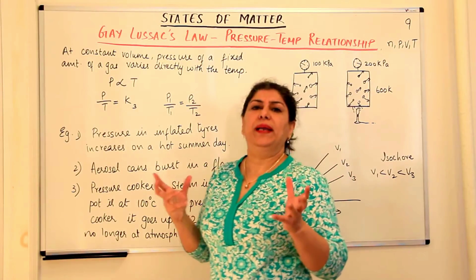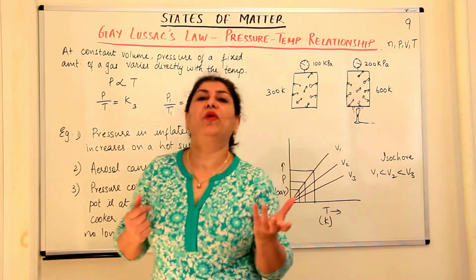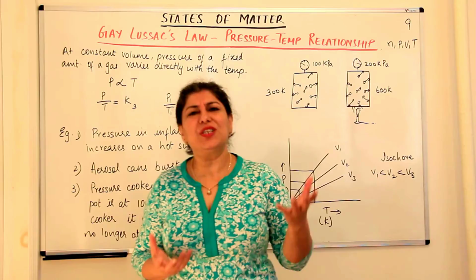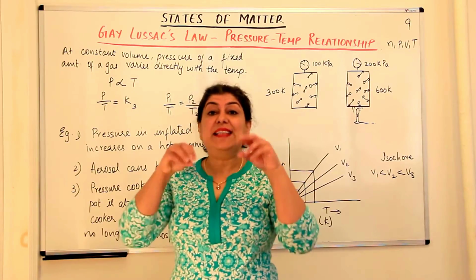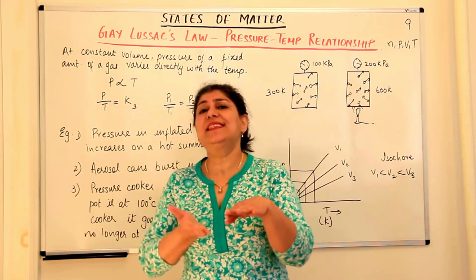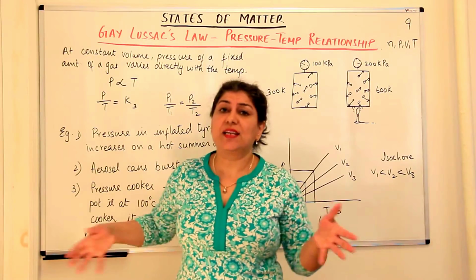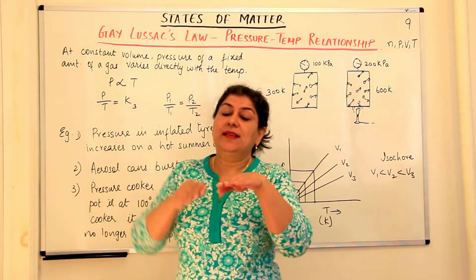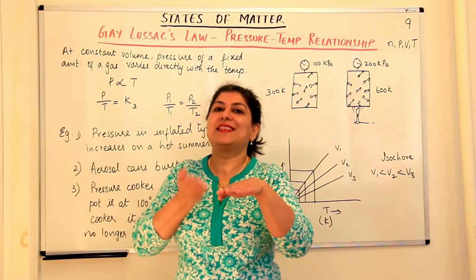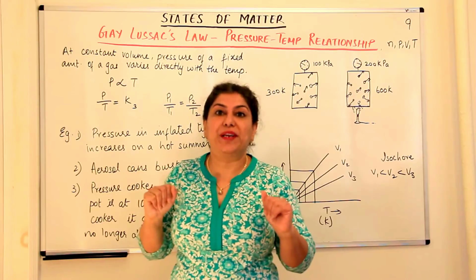What is the boiling point of water? We know it's 100 degrees Celsius. How do you explain boiling? Boiling is the temperature at which the pressure of the gaseous state of the substance, in this case water, becomes equal to the atmospheric pressure.